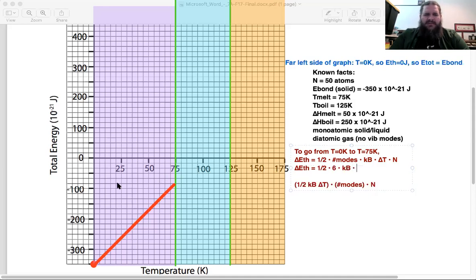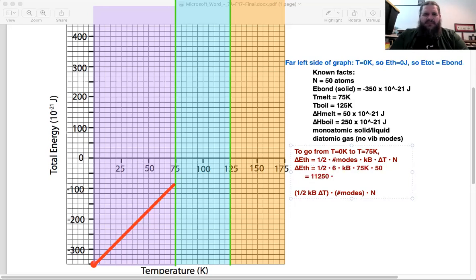Let's say we're talking about the full 75 kelvins. Times number of atoms would be 50 atoms. So 1/2 times 6 would be 3, times 50 would be 150, times 75 would be 11,250. And what's Boltzmann's constant?